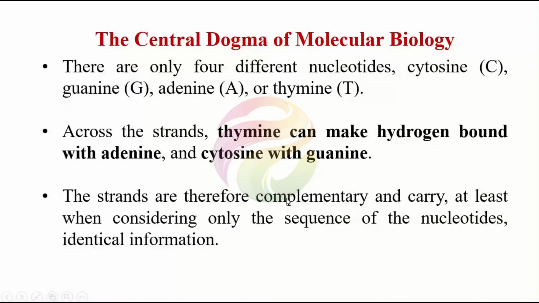So the strands are complementary, and we have already discussed that if there is A on one strand, the other strand will have T, and A and T will combine with each other, because the complementary of A is T and the complementary of C is G. So at least when considering only the sequence of the nucleotides, the information is identical.